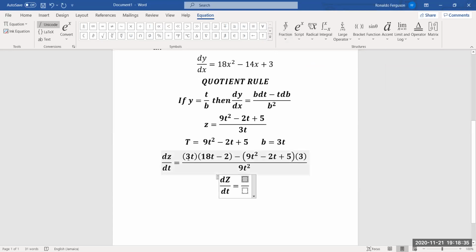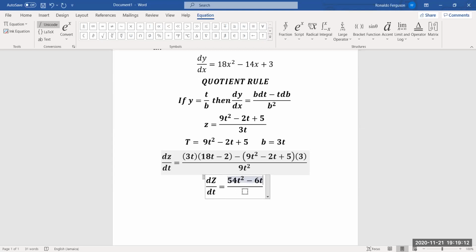So let's simplify it. 3t times 18t is? Expand for me, Marika. 3t times 18t? 54t squared. All right. Minus 6t. Yes.